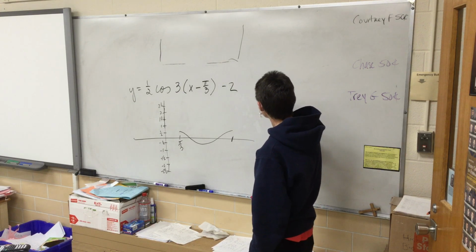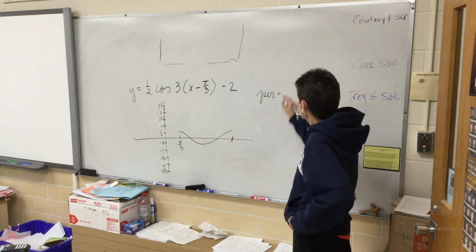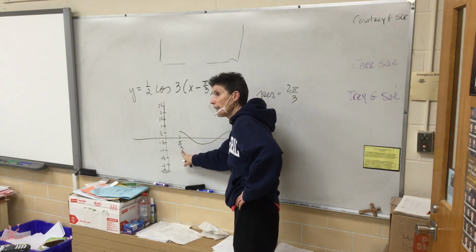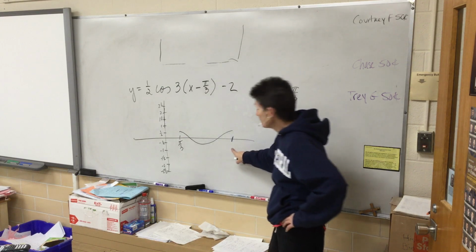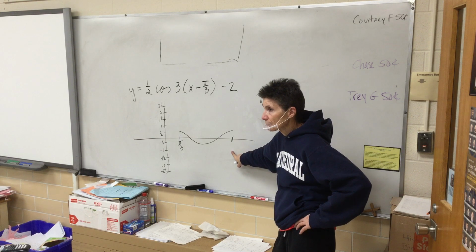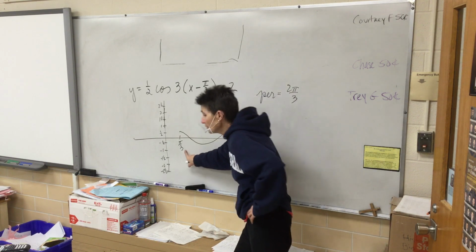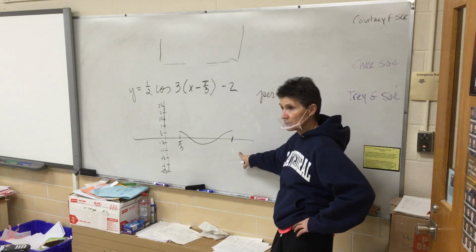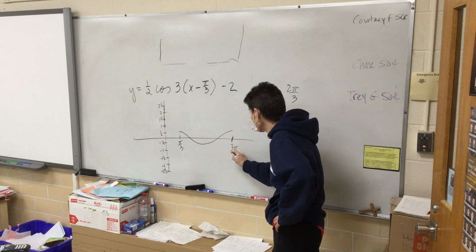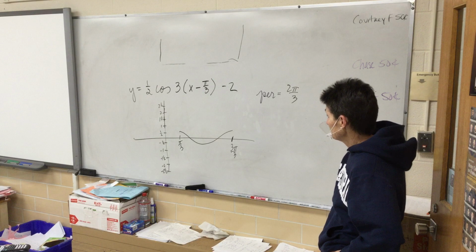What's my period? 2 pi over 3. That works out nicely, because if I start at pi over 3 and my period's 2 pi over 3, where's it going to end? 1/3 and 2/3 makes 1 pi, or if you prefer, 3/3, if that's going to make it easier for you to do the midpoints in a minute.